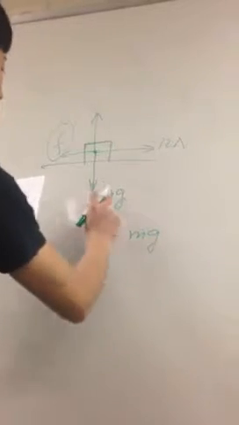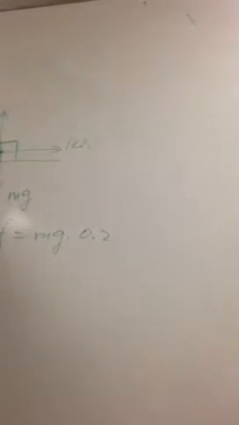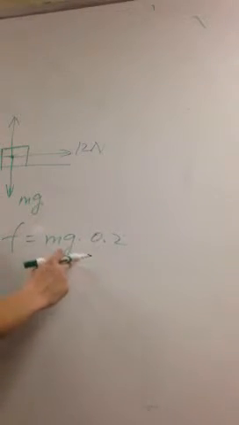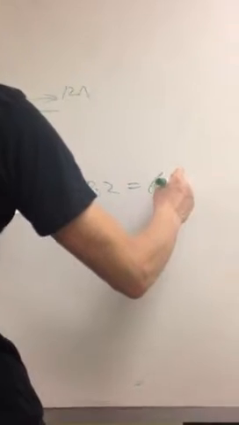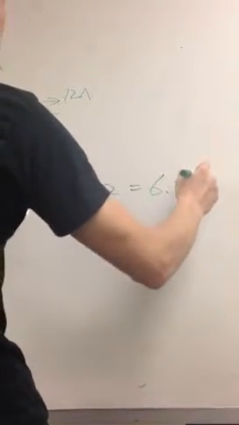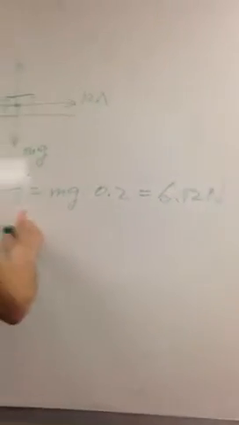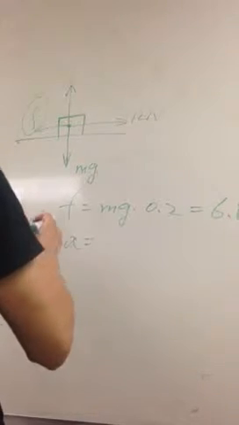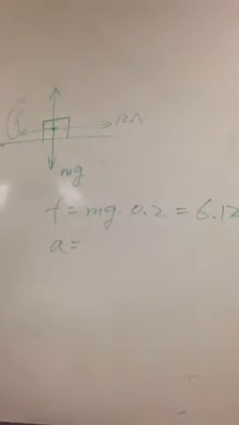It's mg times the coefficient, which is 0.2. And if you calculate, that is equal to 2.12 Newton. And then the acceleration is, no, I'm sorry, it is not 6.